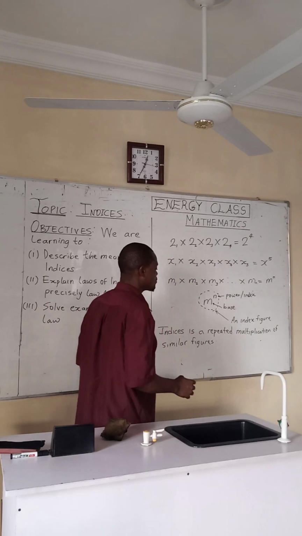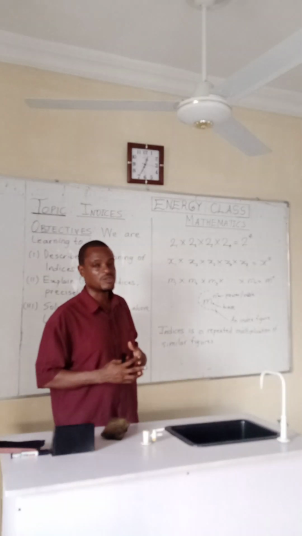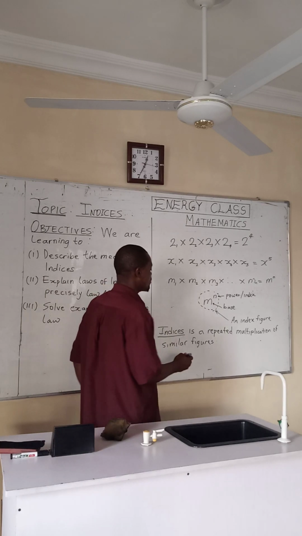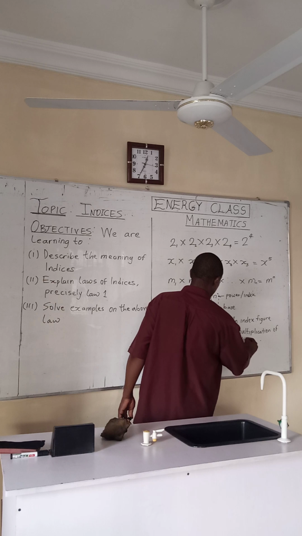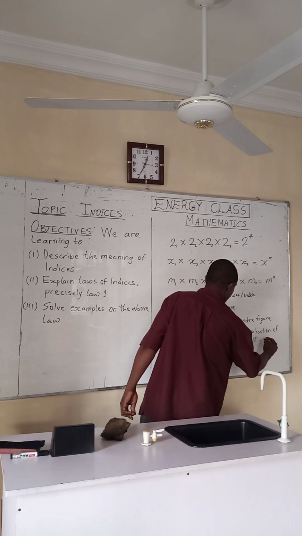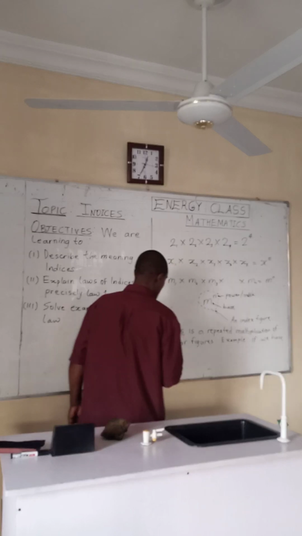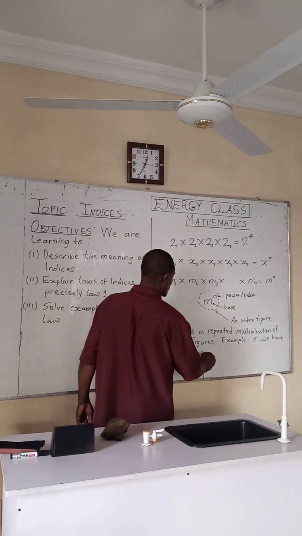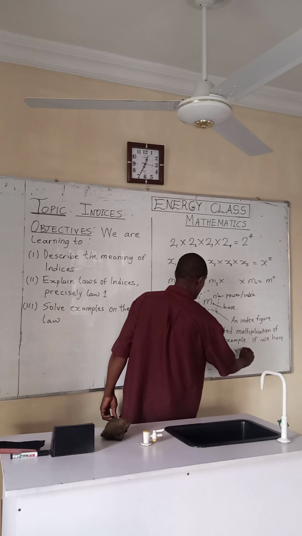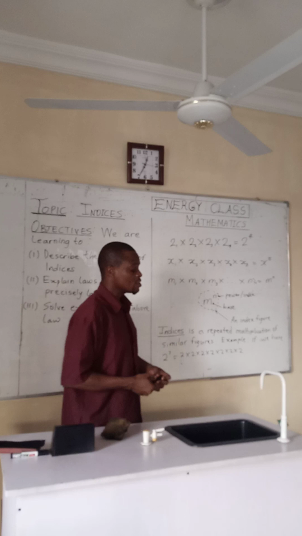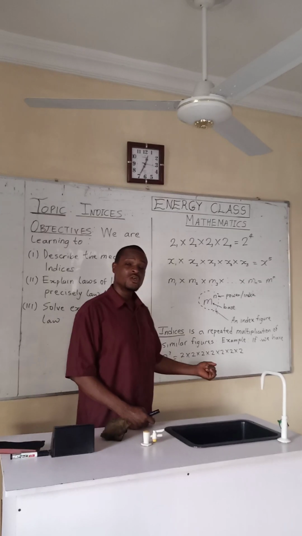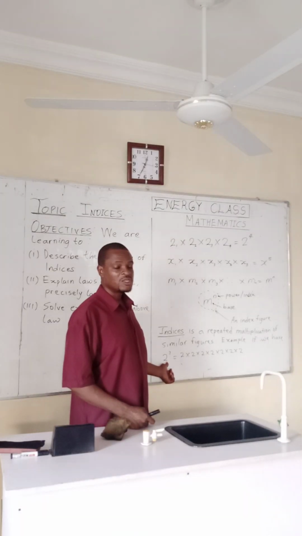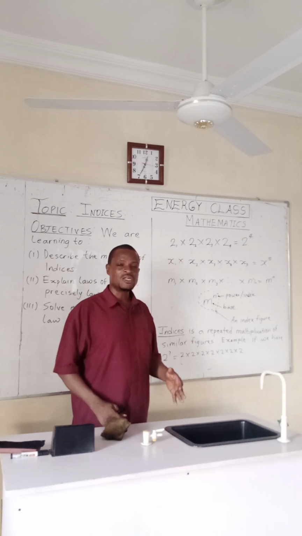So for example, if we have 2 raised to power 7, this means 2 times 2 times 2 times 2 times 2 times 2 times 2. So you can see by repeating similar figures, which happens to be 2, here we are able to obtain this figure called an index figure. That is what indices look like.